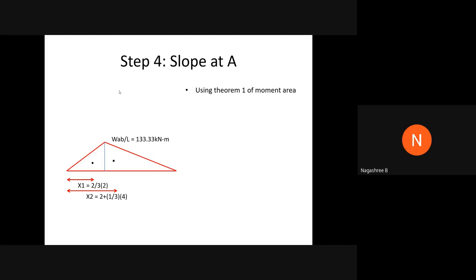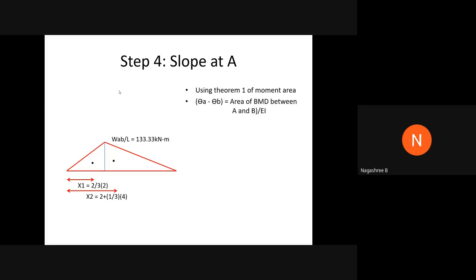The first theorem is for the determination of slope, and the second theorem is for the determination of deflection. Since here I need to determine the slope, I make use of theorem 1 of the moment area method.